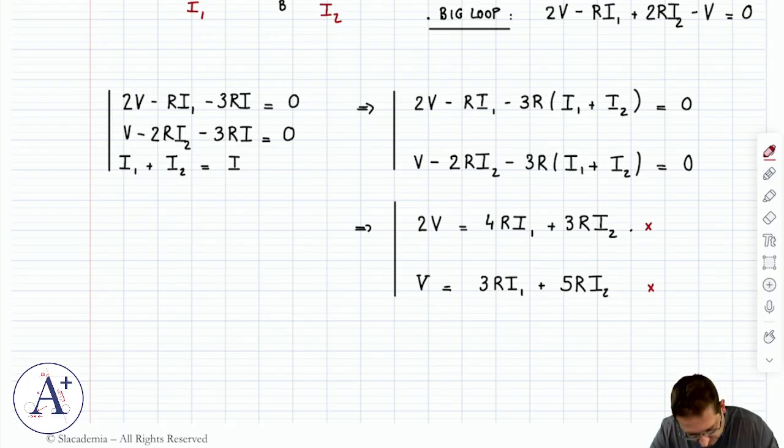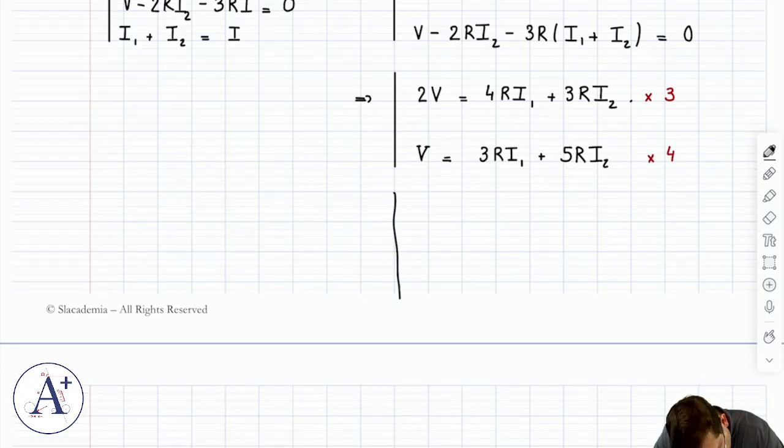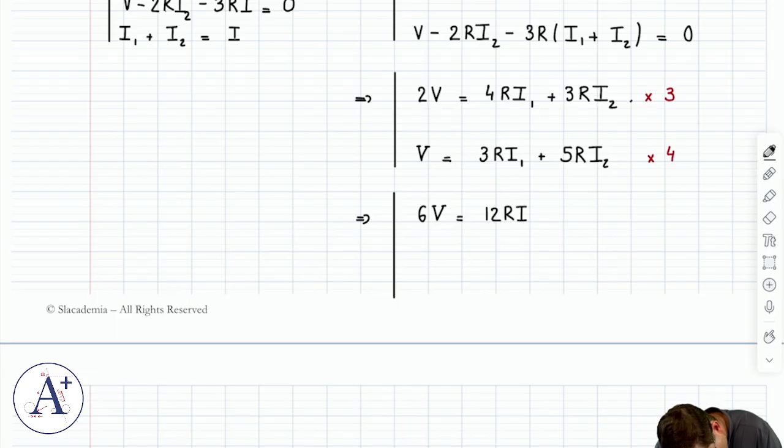Okay, so let me do this. I'm going to multiply this whole equation by 3, this whole equation by 4, and I'm going to get two new equations, but I didn't change the solution set, right? I'm allowed to do this. It does not change the solution set. So I get 6V is equal to 12R I1 plus 9R I2, and then 4V is equal to 12R I1 plus 20R I2.